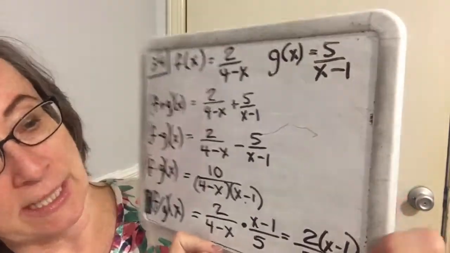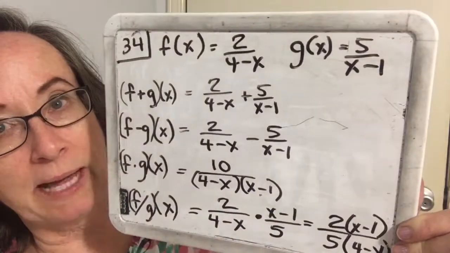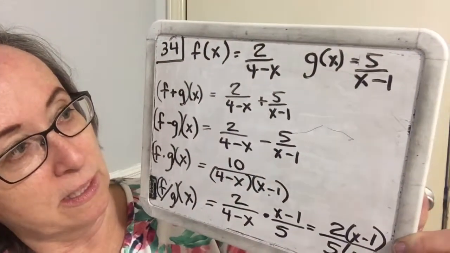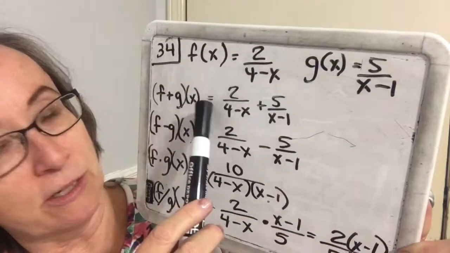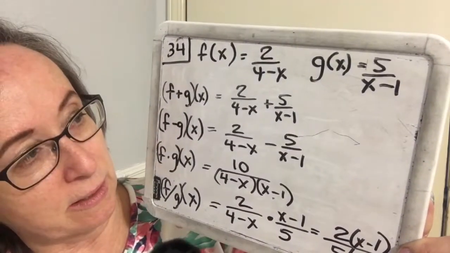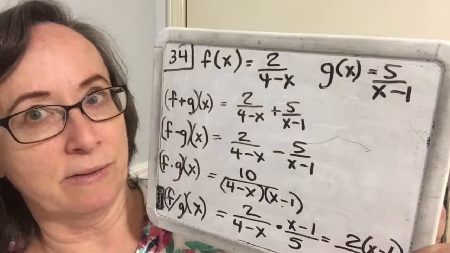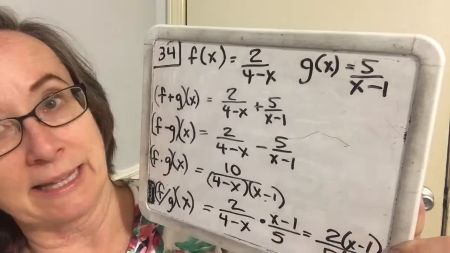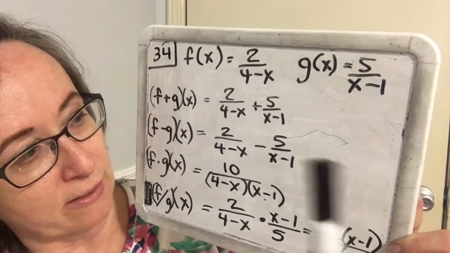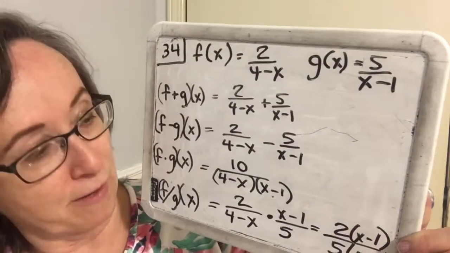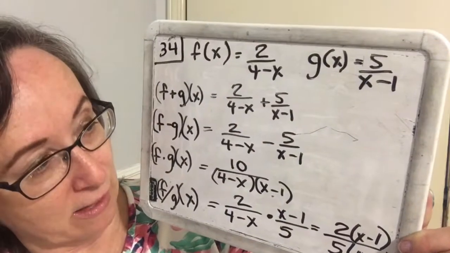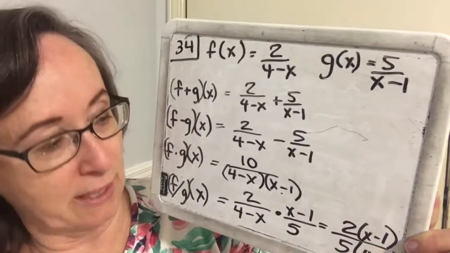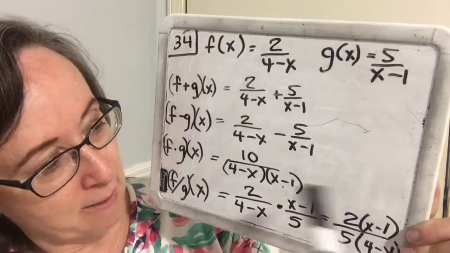So now we're going to actually add, subtract, multiply, and divide these functions together. They could have gotten more nitty-gritty in the book on actually combining those into one expression. I was kind of glad they didn't. They left the answer just like that, adding the two functions together, subtracting the two functions. They did not simplify that at all by getting a common denominator, which would have been complicated.